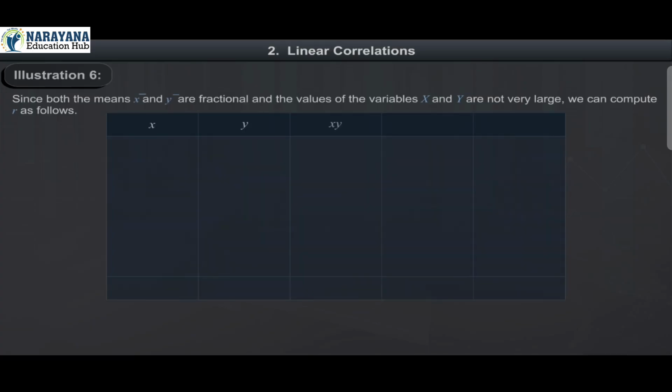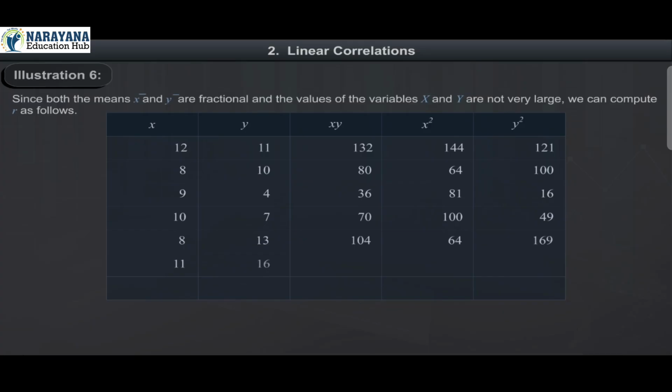X, y, xy, x square, y square: 12, 11, 132, 144, 121; 8, 10, 80, 64, 100; 9, 4, 36, 81, 16; 10, 7, 70, 100, 49; 8, 13, 104, 64, 169; 11, 16, 176, 121, 256.